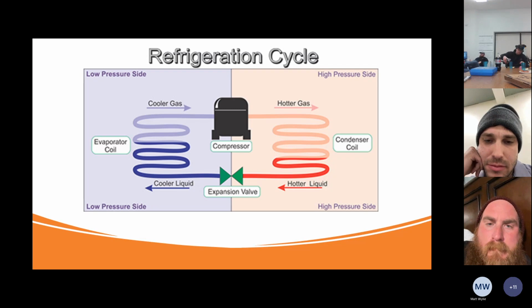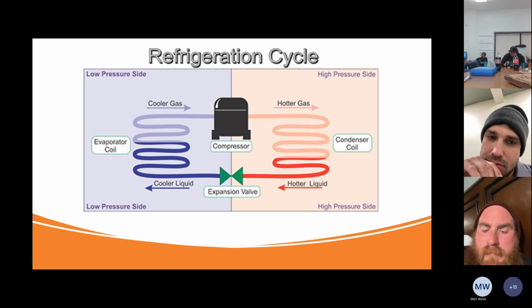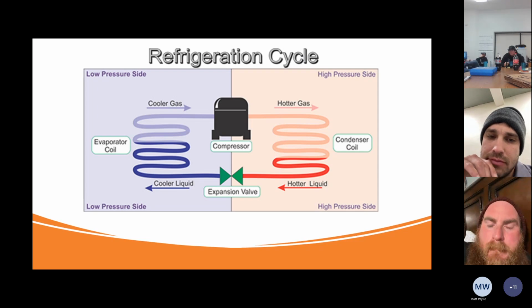Can you give us some examples of what causes low and what causes high superheat? Restrictions. Causes what, high or low? Restriction would cause high, I believe. Okay, what about an iced up coil? Probably cause low.